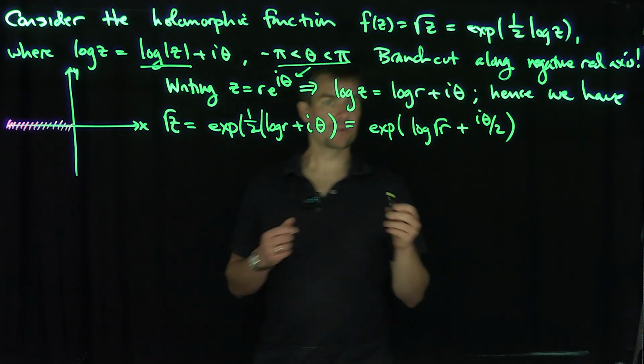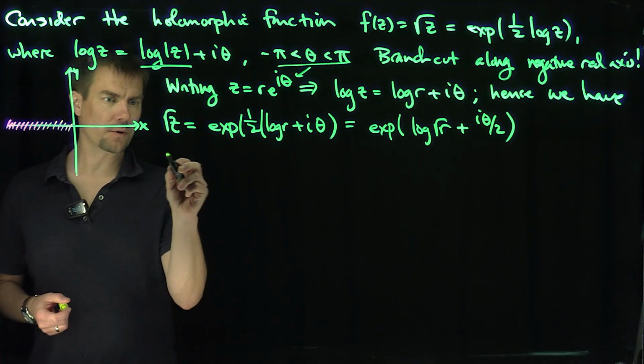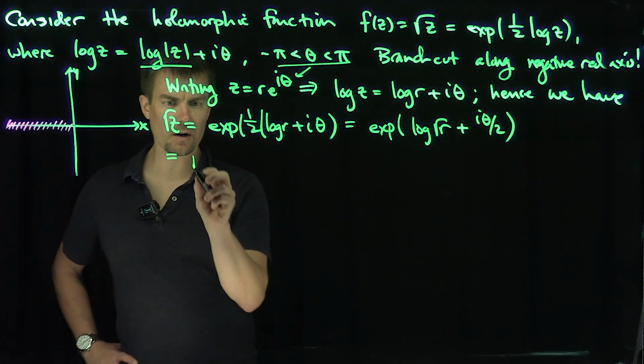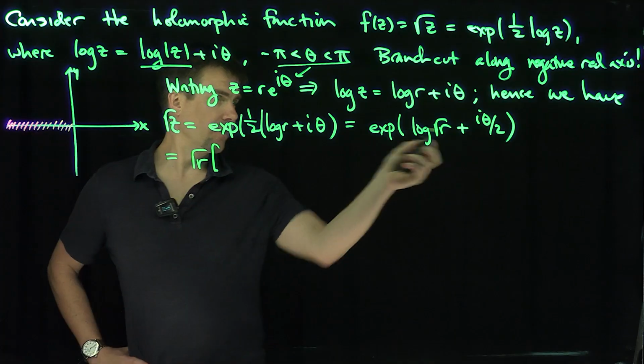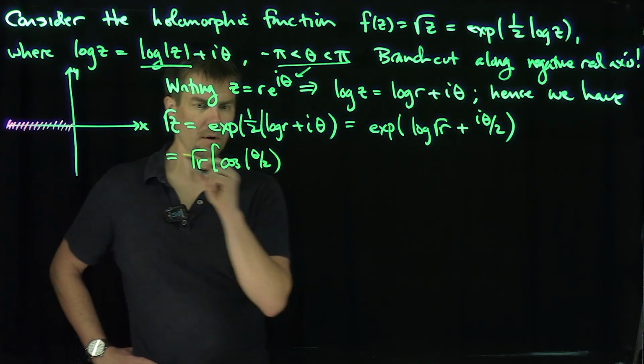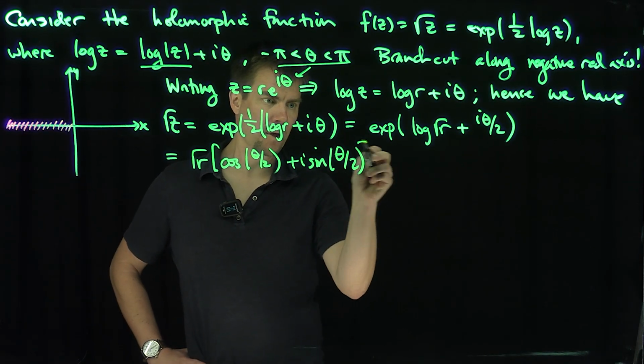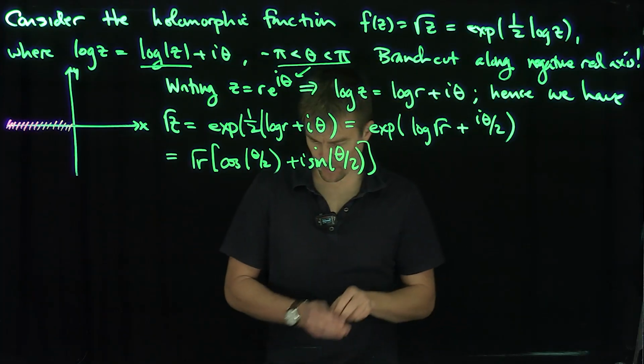Excellent. And so now, of course, we use properties of exponents. And so this is going to be equal to just the square root of r, and then I'm going to have e to the i theta over 2, so I'm going to have cosine of theta over 2 plus i sine of theta over 2. And so what does this tell me? This tells me what my u and my v are.